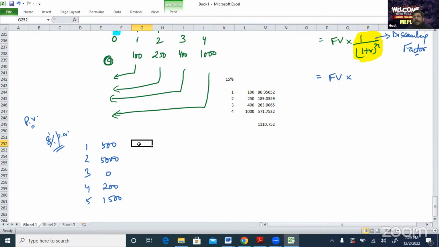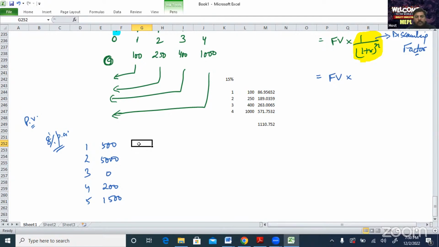Simply I will go to my calculator. Press second and then press cash flow CF, then second and then clear work. So at 0 it is 0. So I will put 0, enter.